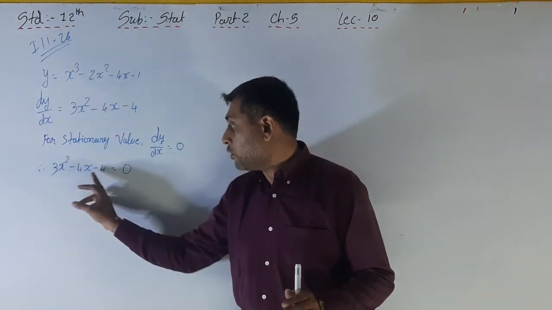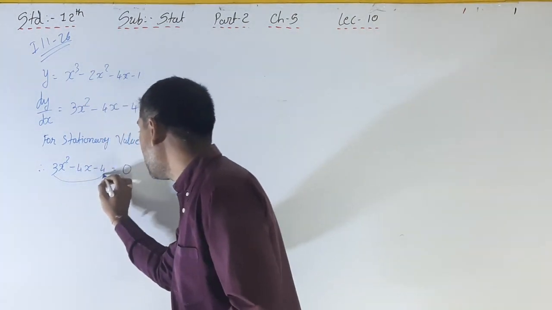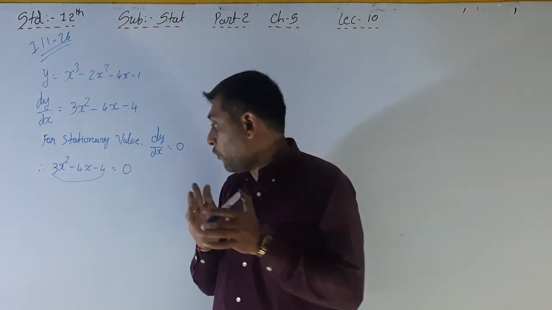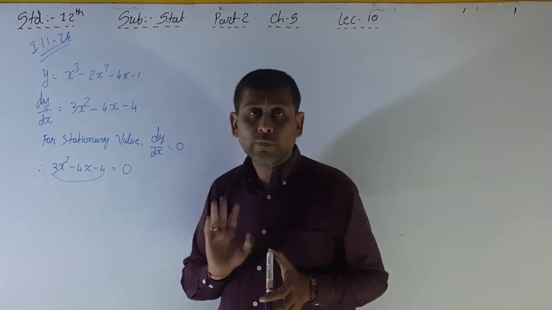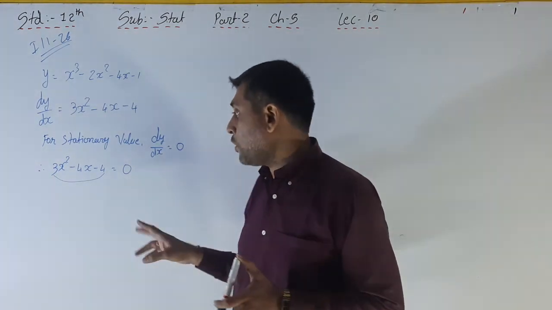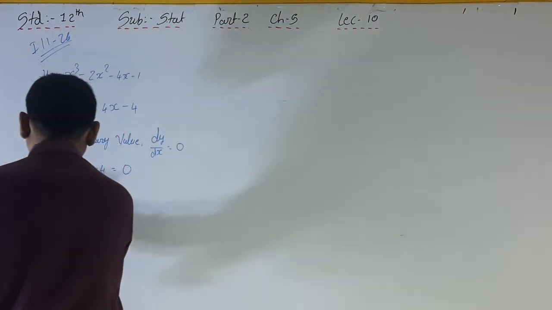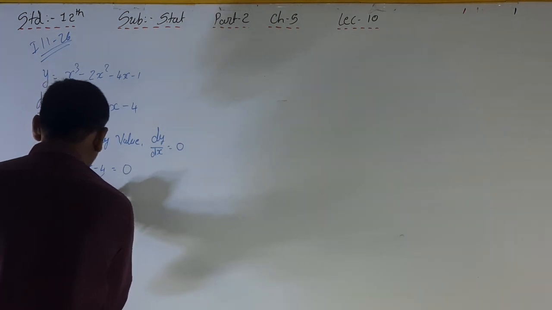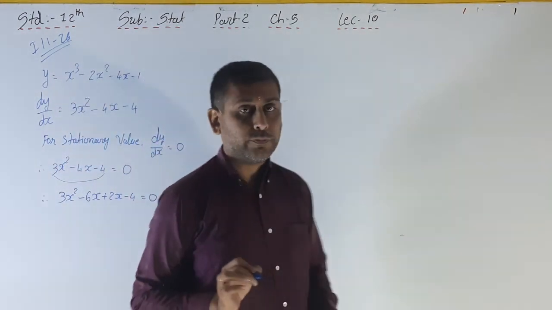Okay, so here 3 4s are 12, we have to first multiply these, and we have to make the factors of 12. How we get 4? 6 2s are 12, right? So here we have to write 3x square minus 6x plus 2x minus 4 is equal to 0.